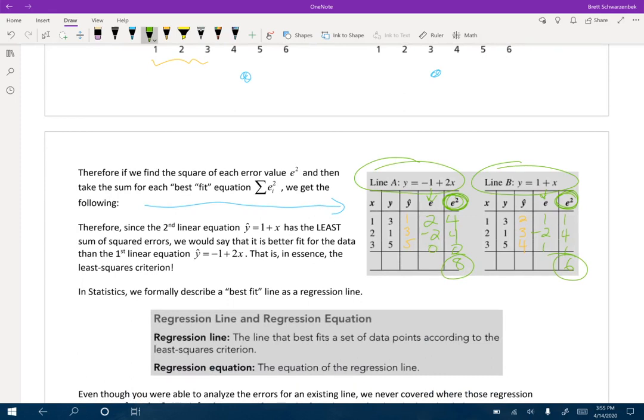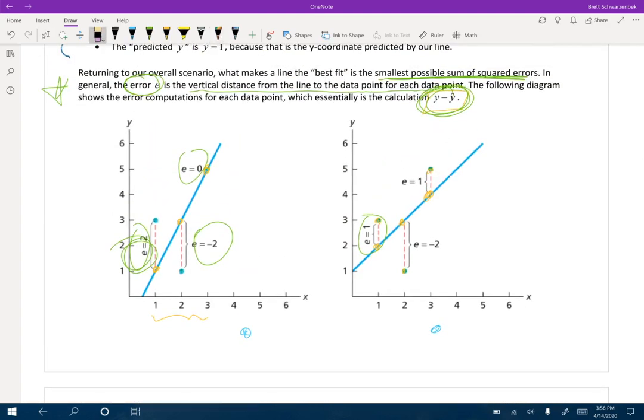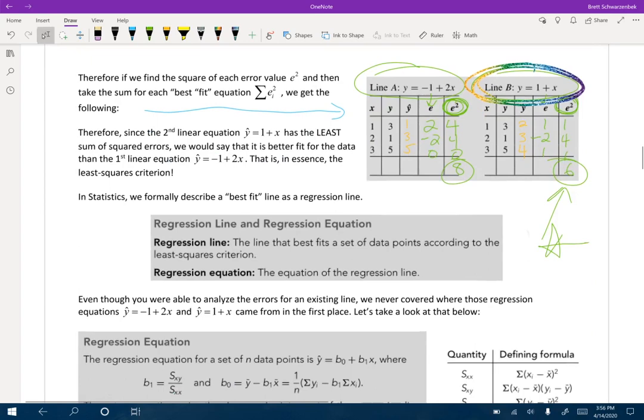It's the one with the least squares criterion, in other words, the lowest possible sum of squared errors. That would be, ta-da, this one. So of these two equations, y equals 1 plus x is the proper best fit equation to use for this scenario. This is the proper least squares equation to use.